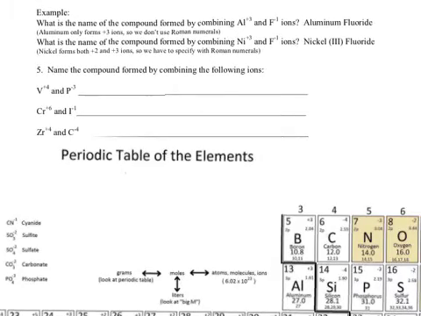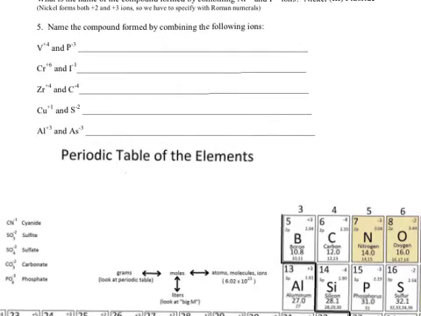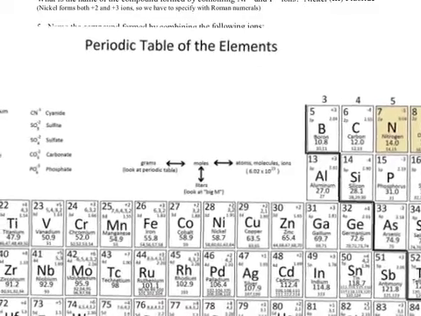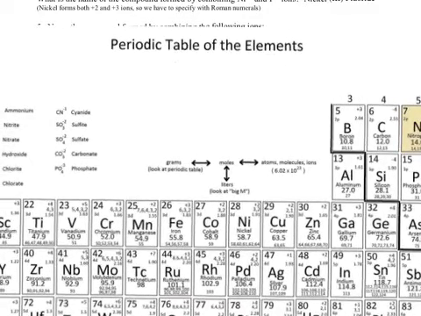V plus 4 and P3. So I have a compound out of these two. Let's look here. V is vanadium. And vanadium makes lots of different ions, so I have to be specific with Roman numerals.